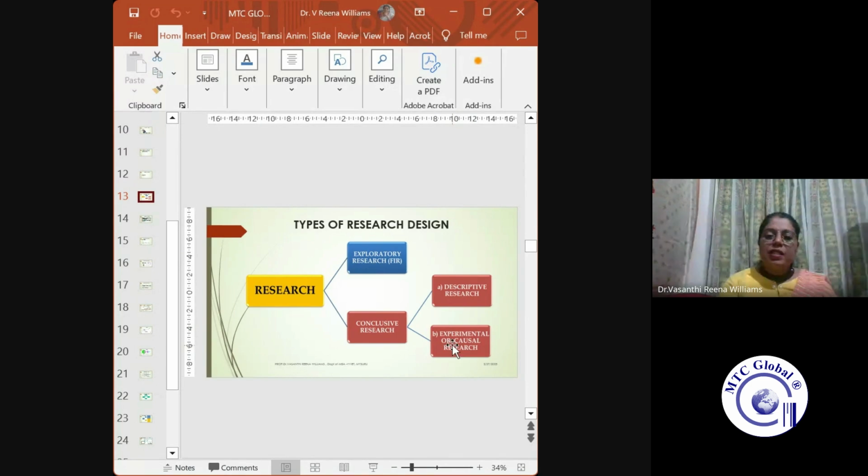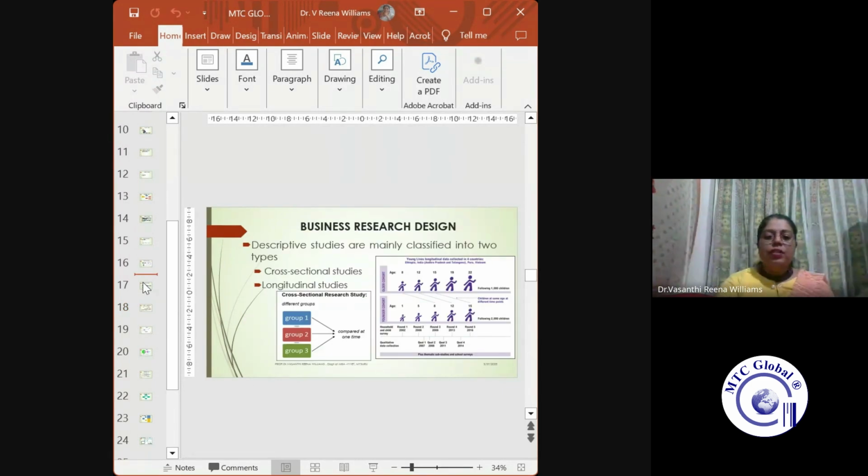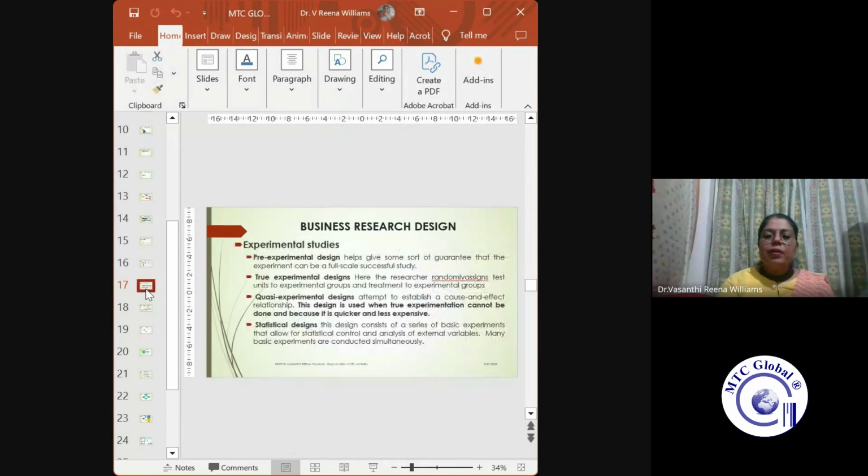What we are discussing now is experimental. In descriptive, you have two types: longitudinal and cross-sectional. I hope you got that. Now we are coming to experimental.